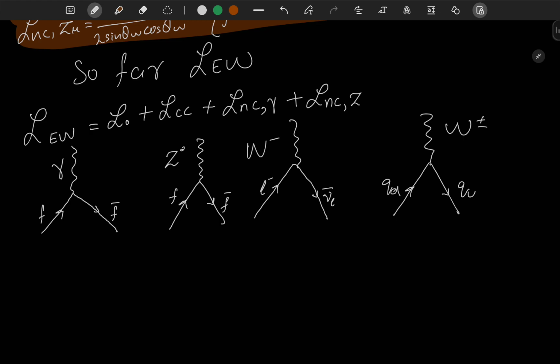So Z and gamma are flavor conserving; they define the neutral currents. But on the other hand, W minus and W plus change the flavor too, so they are not flavor conserving.